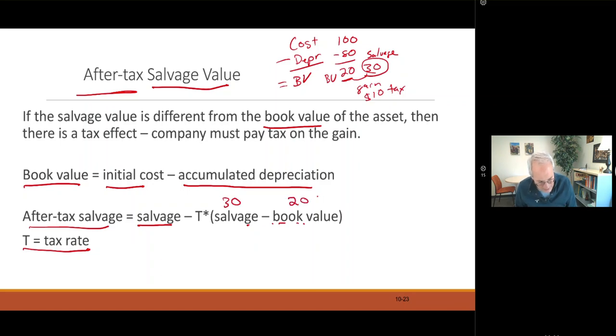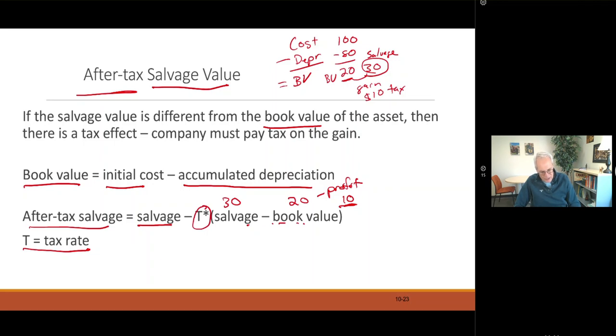That's telling the IRS that you made a $10 profit on selling it, because you've depreciated it down. You've told the government that this thing has a book value of 20, but yet you're selling it for $30. So you just made a profit of $10, and you have to pay tax on that.